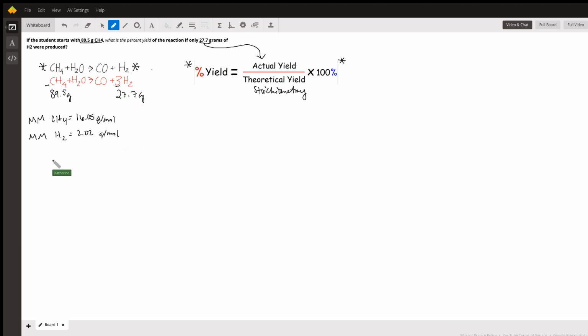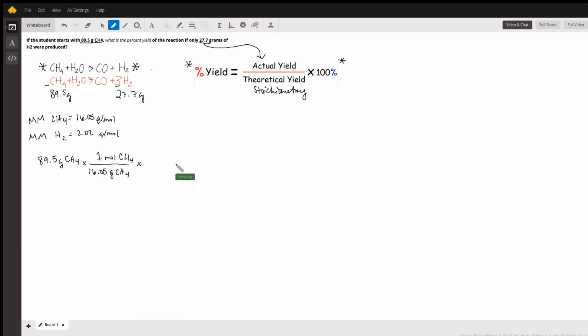Okay, so we're going to start our stoichiometry problem with our given information. We are told that we're starting with 89.5 grams of methane. From here, we can convert from grams of methane to moles of methane using our molar mass, right? So 16.05.